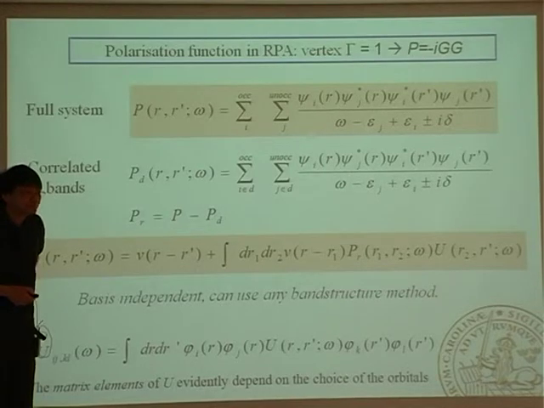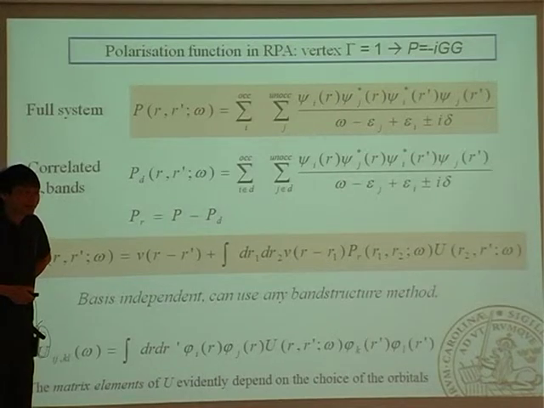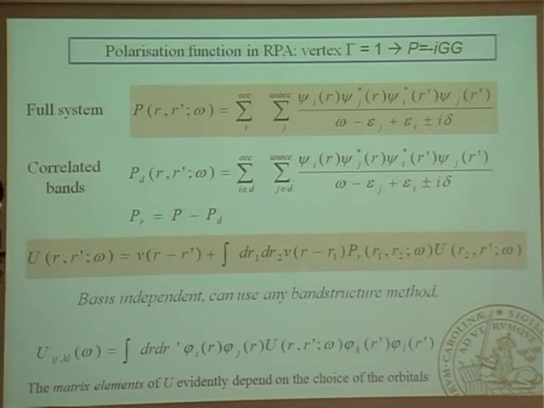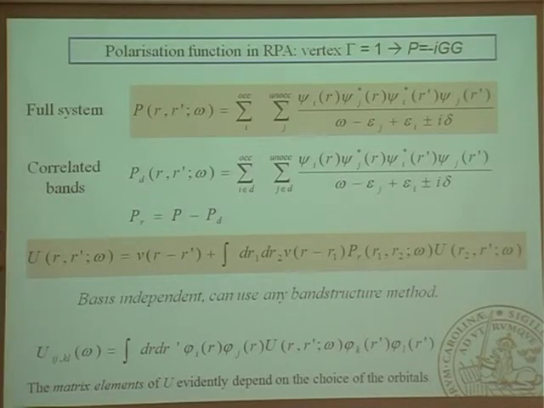What are you doing if the separation into the bands and the rest is not so easy because the bands are... That's a very good question. I will talk about it later. We have some way of handling this problem, but actually it's an open problem. There's no complete solution to this problem.